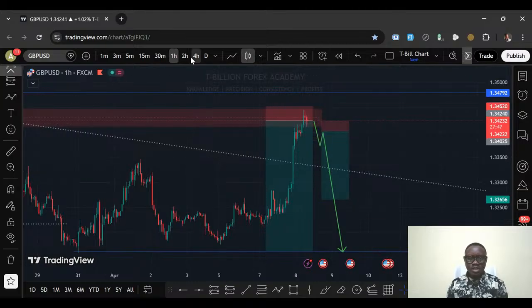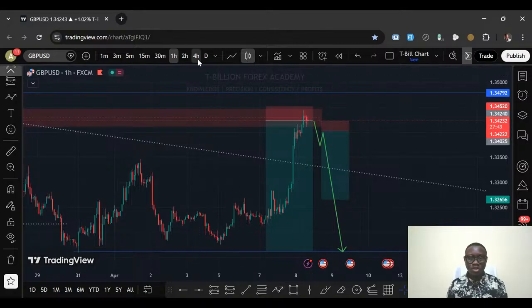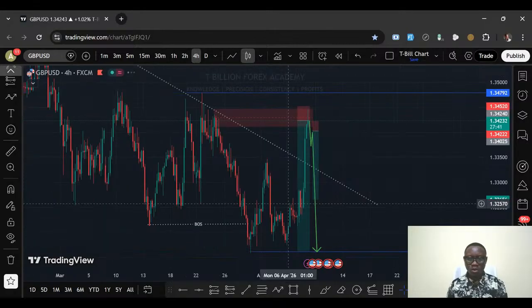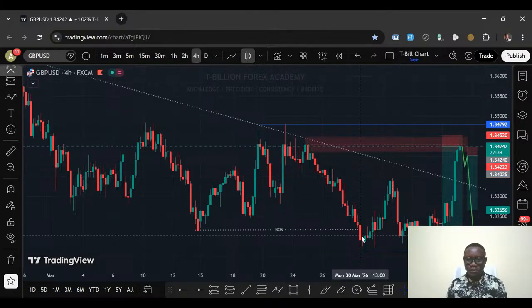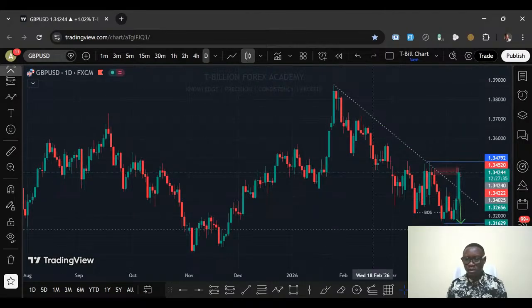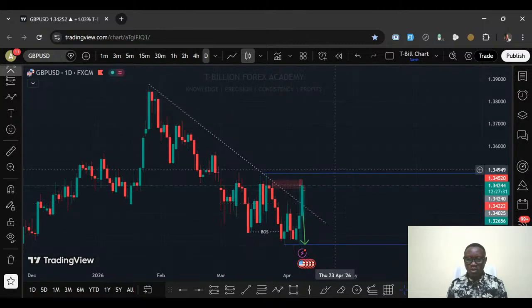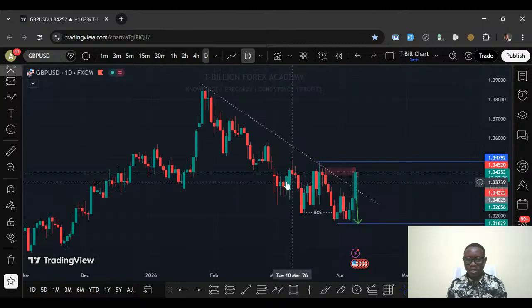But again, the reason why I'm still going to take a sell when I get my confirmation entry is because if you go back to the 4H time frame, let's use the daily time frame. If you look at this price action right here, price gave us a break of structure at this point.